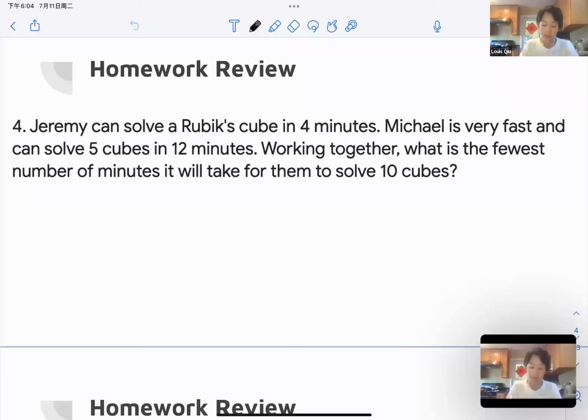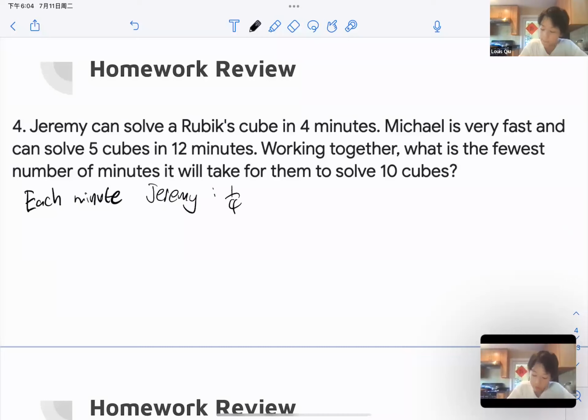So each minute, Jeremy can solve 1 over 4 cubes, and Michael can solve 5 over 12 cubes.